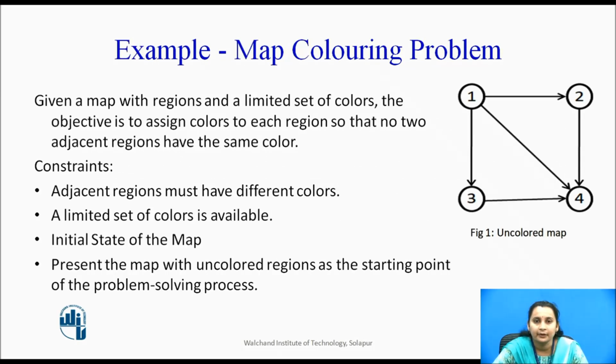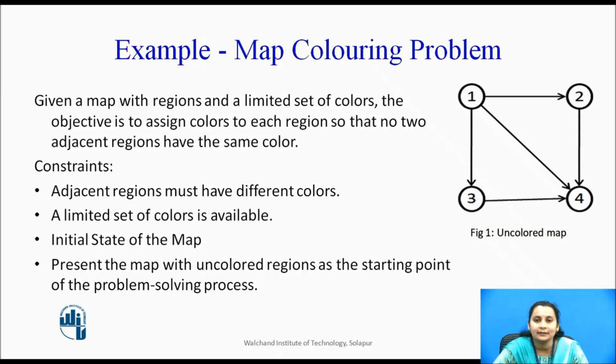It is an example of the map coloring problem. In this figure we can see the uncolored map. In this map there are 4 nodes, which we can say are the variables: 1, 2, 3, 4. Initially no color has been assigned to these nodes.